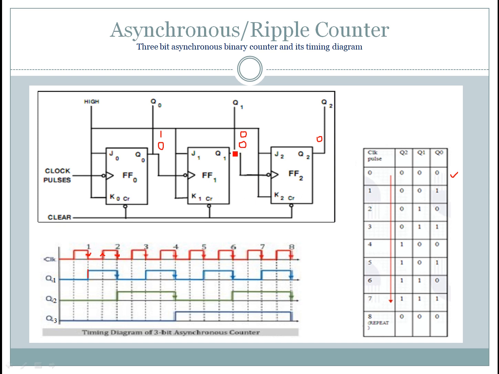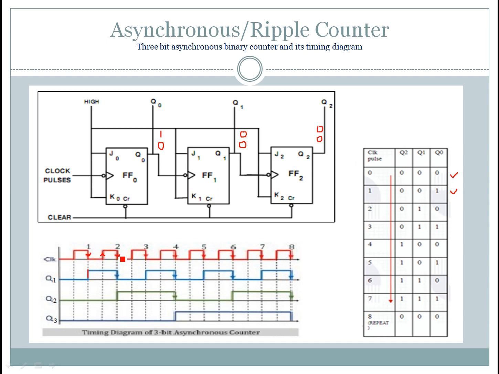Again, the output of Q1 is connected to the clock input of FF2. Q1 retains its state 0 only, hence FF2 also retains its previous state because it is not receiving the negative edge of the clock. So now Q2 is 0, Q1 is 0, Q0 is 1. That is the second state, in decimal its value is 1. This is after the first negative edge of the clock.